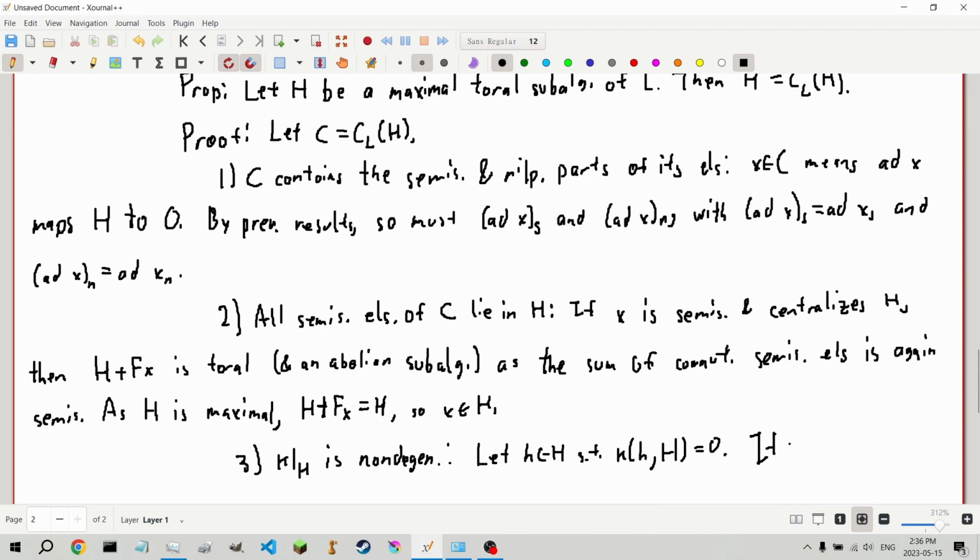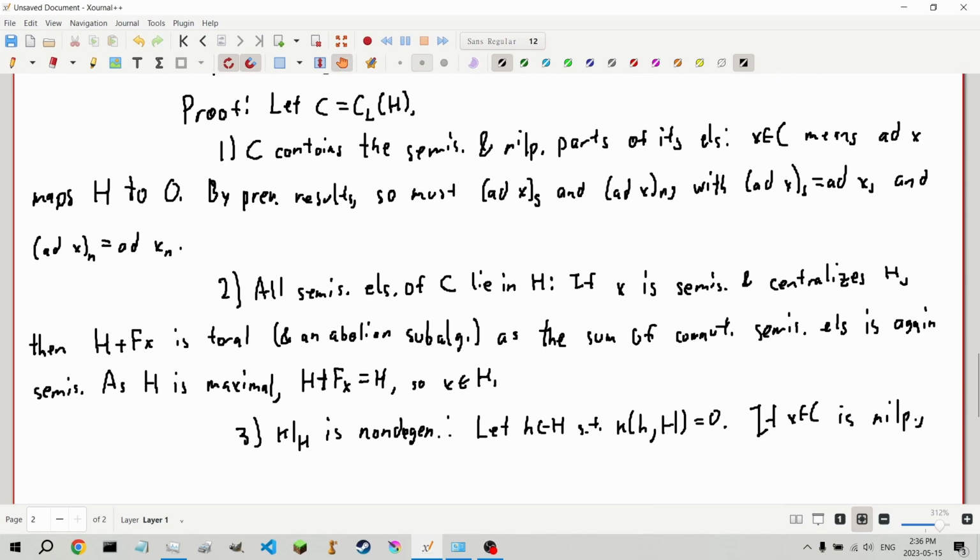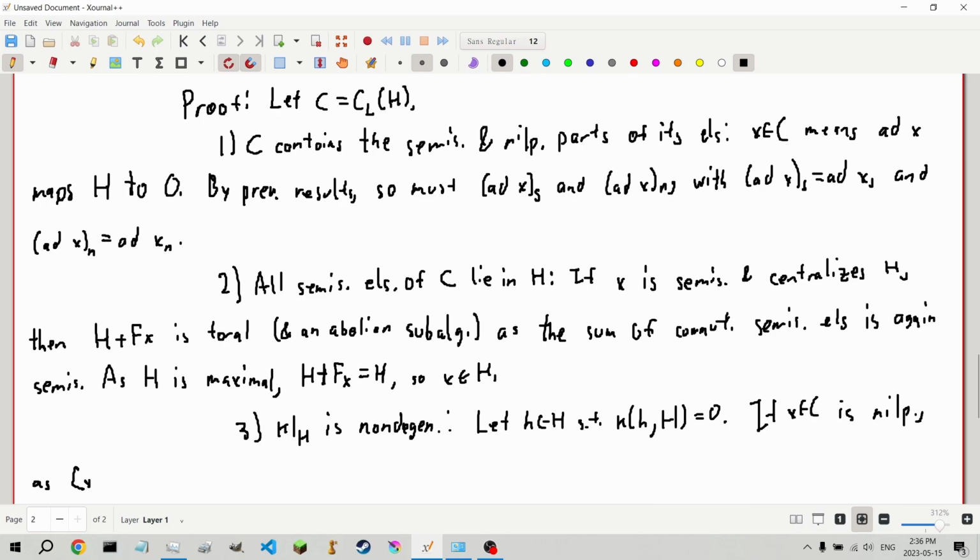So if X in C is nilpotent, then as the bracket of X on H is 0, and the adjoint of X is nilpotent, we have that the trace of the product of the adjoint of X and the adjoint of Y is 0 for all Y in H from the preamble.